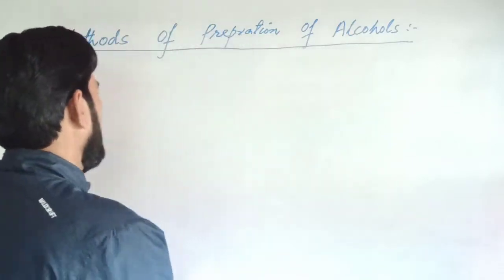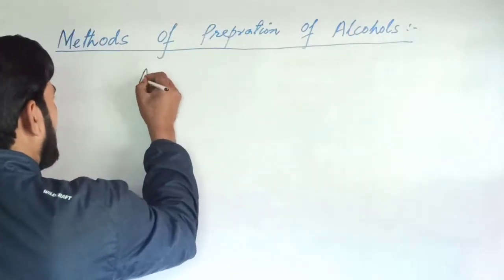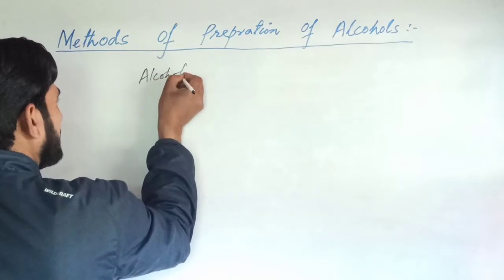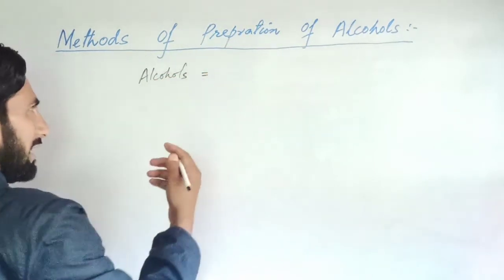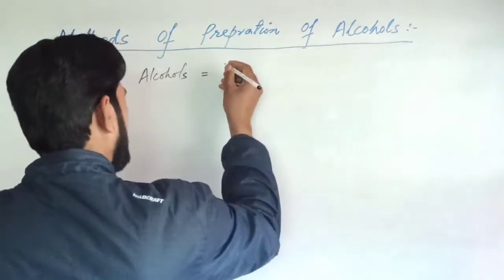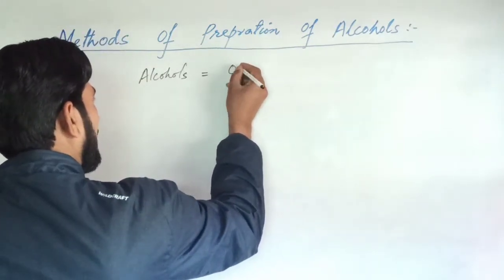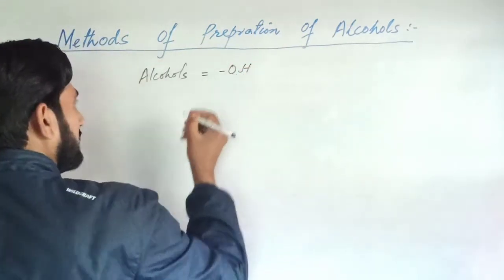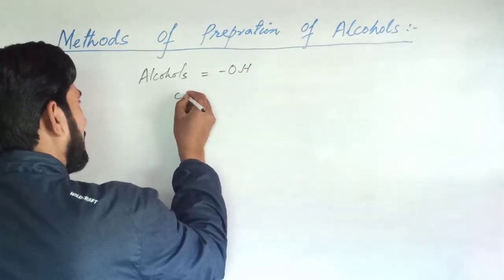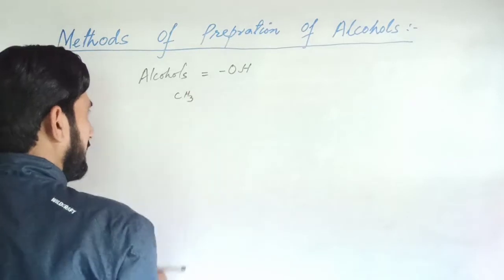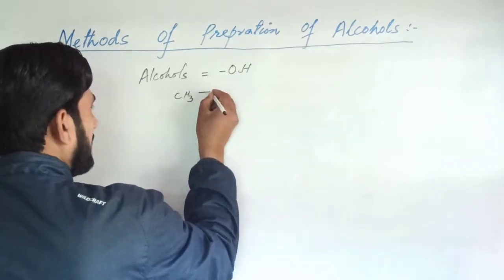First, alcohol. As we know, the term alcohol is applied to the class of organic compounds having a hydroxyl group attached to the alkyl part. For example, we have an alkyl group, CH3 group.